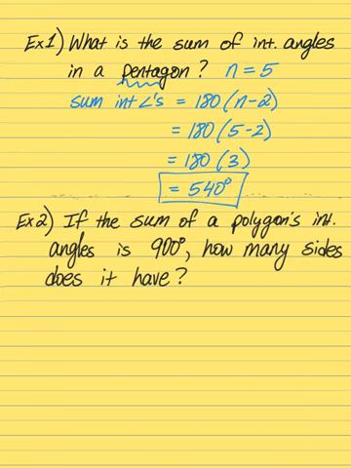So if we look at a regular pentagon and add up all the interior angles, our final answer is 540 degrees.